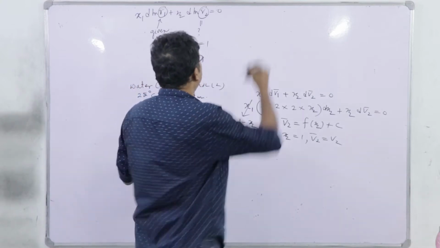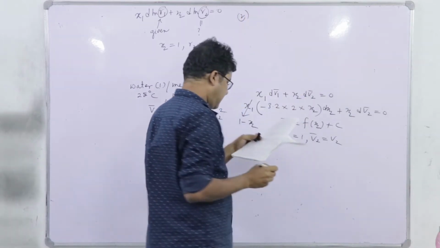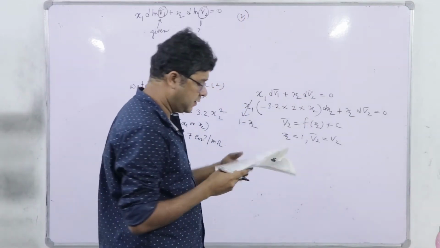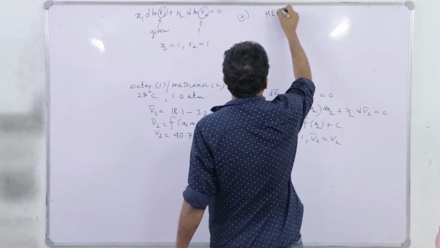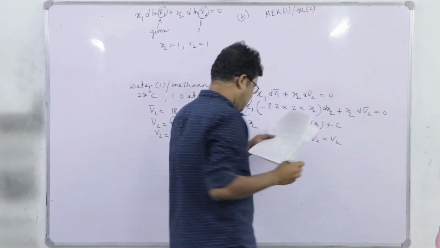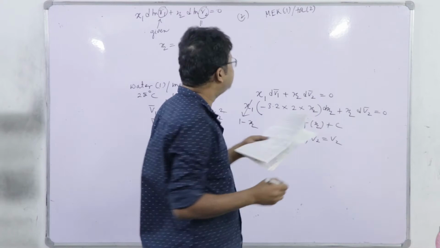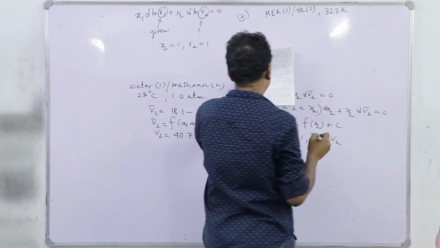So, this is also a GATE problem. I forgot the year exactly, a 2 marks GATE problem. Consider a binary mixture of MEK and toluene, methyl ethyl ketone component 1 and toluene component 2 at 323 Kelvin, right.